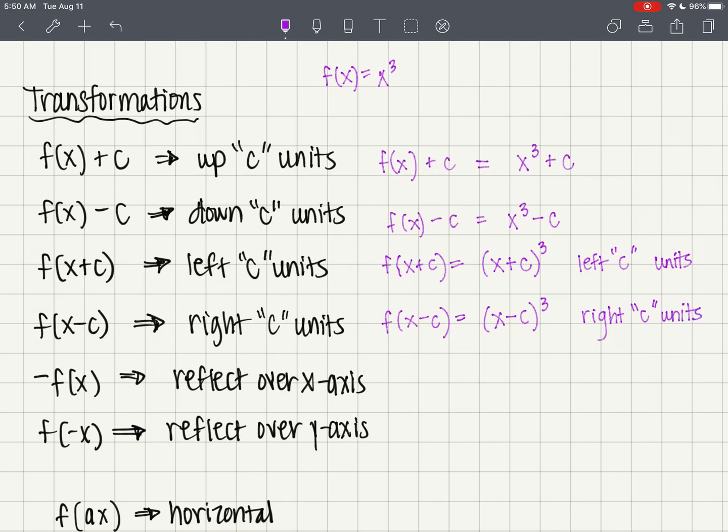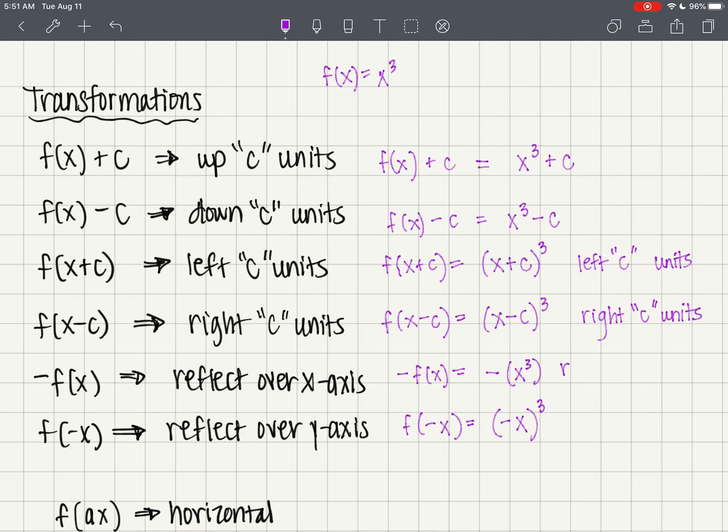And then an opposite on the outside: the opposite of f of x would be the opposite of x cubed. Let me fix that. The opposite of x cubed. And then an opposite on the inside is a reflect over the y-axis, and that would be the opposite of x, cubed.